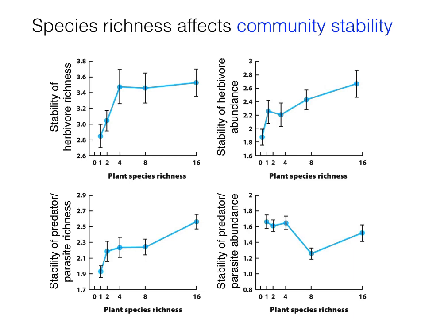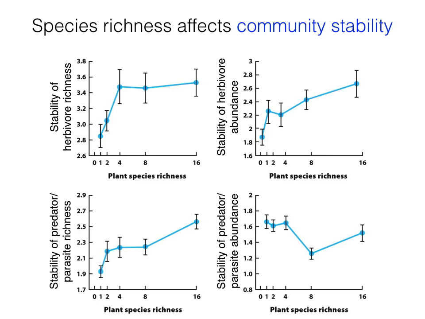So if the species richness of the plants in these prairie systems played an important role in stabilizing herbivore and predator-parasitoid communities, why might that have been? Well, the researchers concluded that plant diversity led to increased stability of these higher trophic levels because communities with high plant diversity provided more consistently available food and habitat for the herbivores, predators, and parasitoids.